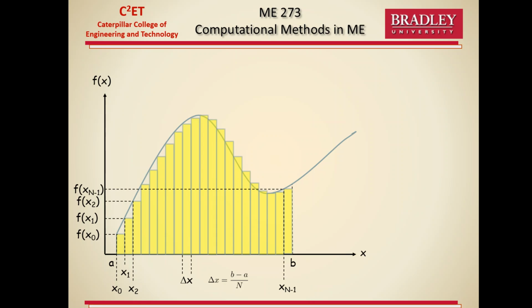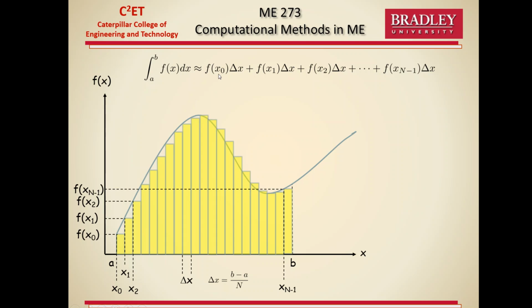All right, so how do we build the approximation? Like I said, you simply add up the area of all the rectangles, and that's what this expression shows. Right? So here on the left-hand side is the integral of f of x dx, whatever that function is, from a to b. It is approximately equal to the right-hand side. Each of these terms is the area of a rectangle, starting at number 1.